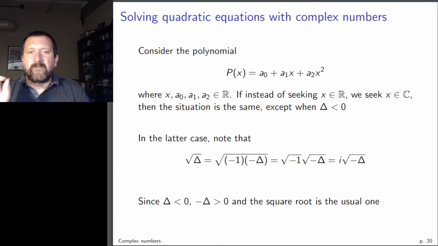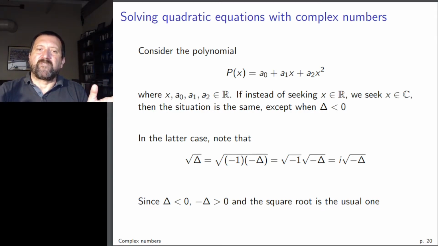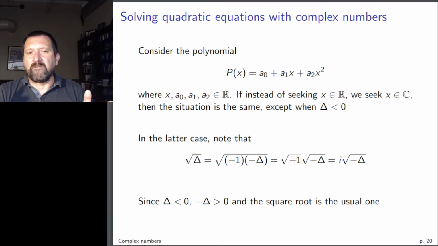Suppose delta is negative. The square root of delta in that case is the square root of minus 1 times minus delta. And the square root of a product is equal to the product of the square roots, and so I have the square root of minus 1 times the square root of minus delta.